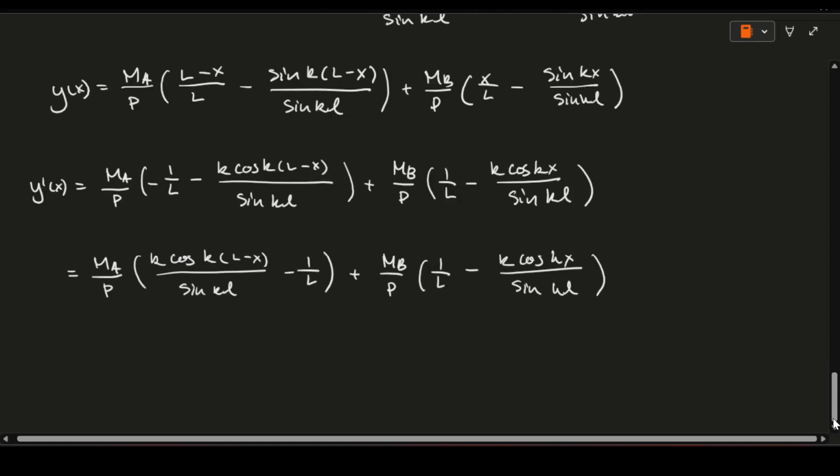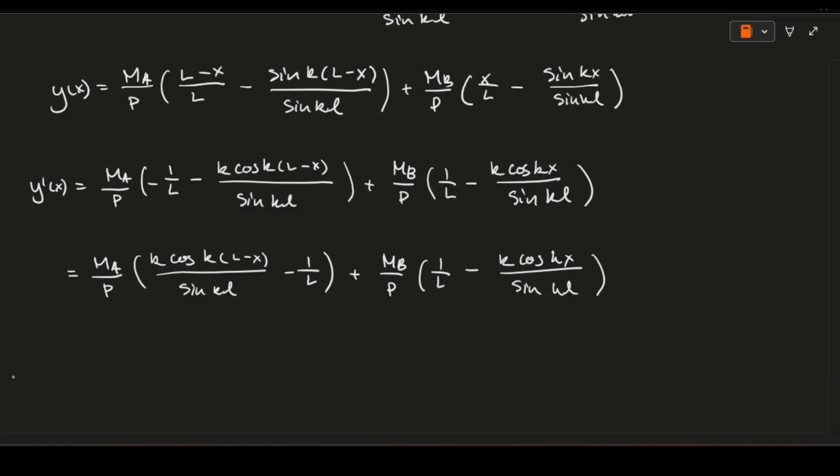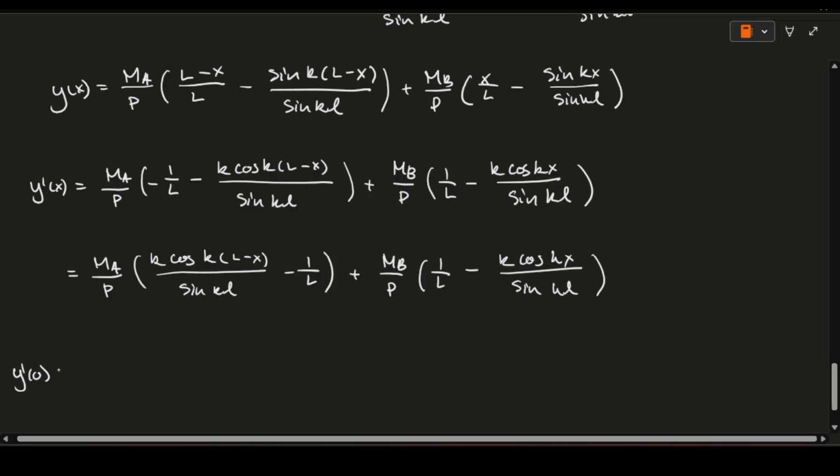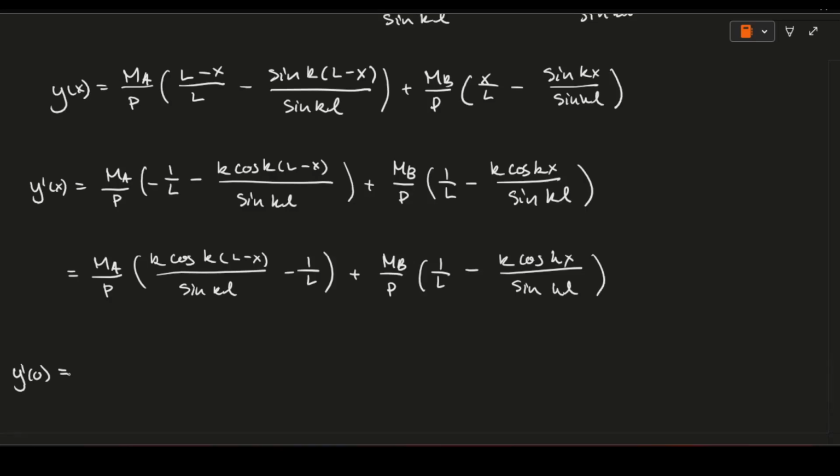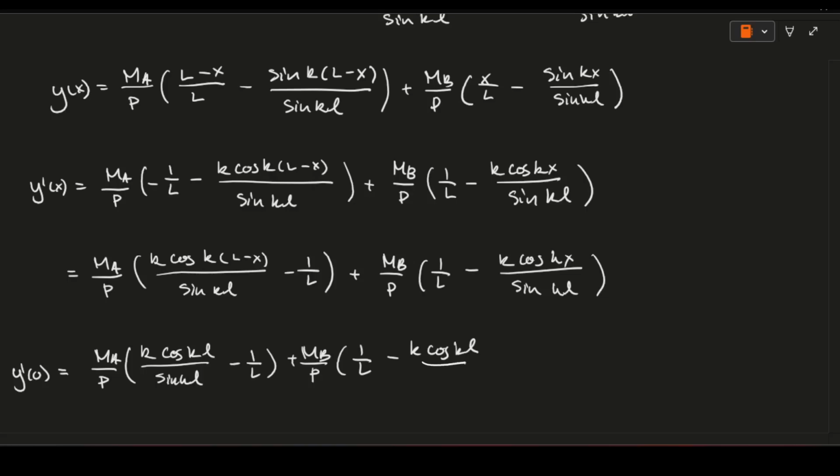Okay. Now if I put in y prime at 0, we get MA over P times K cosine KL all over sine KL minus 1 over L, plus MB over P times 1 over L minus K cosine KL over sine KL.